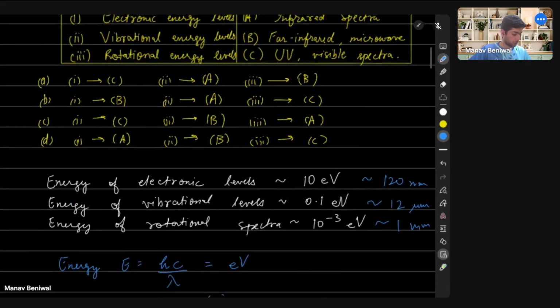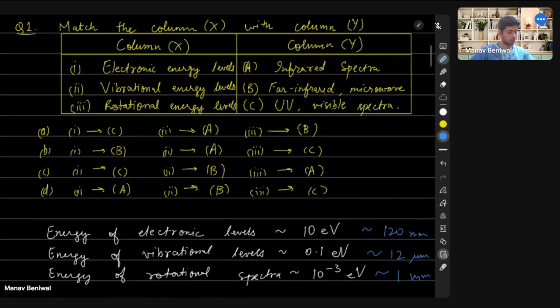Now if we look at our options, clearly this 120 nanometers corresponds to UV, ultraviolet, because the wavelength for violet light is around 340-350 nanometers, and we are increasing the energy, so it is going to UV.